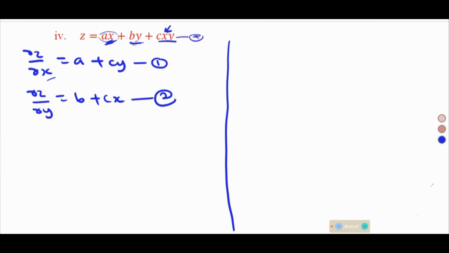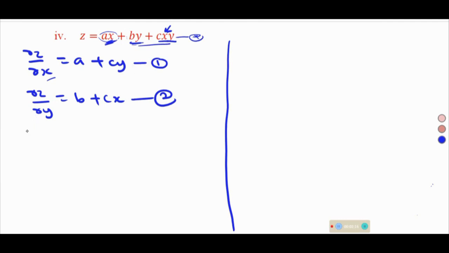That is basically what we have been doing in the previous examples. If I have a here and this is ax, then I think of multiplying by x in equation 1. If I have b here and this is by, let me think about multiplying by y, such that I can easily create the relationship between the given equation and the equations I have formed.